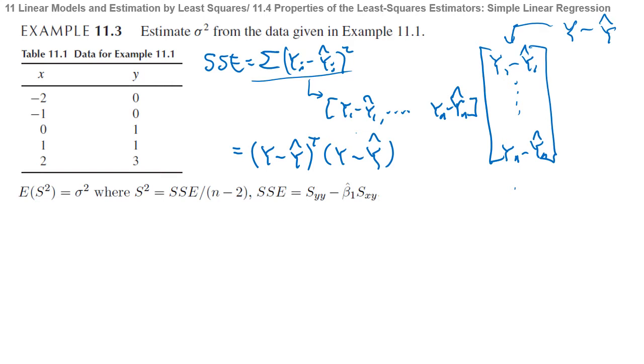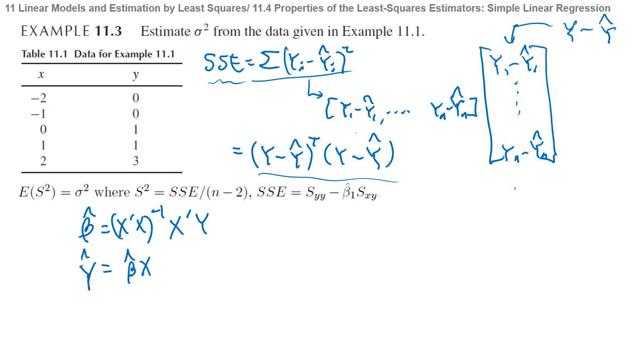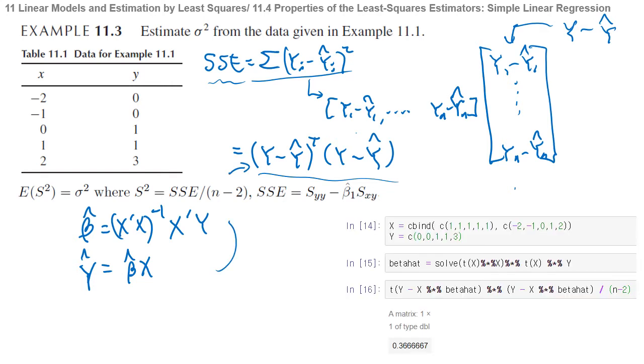So we can calculate SSE this way, and also here beta hat is x transpose x inverse x transpose y, and y hat is x beta hat. So you can calculate this using matrix form. Here is the calculation.